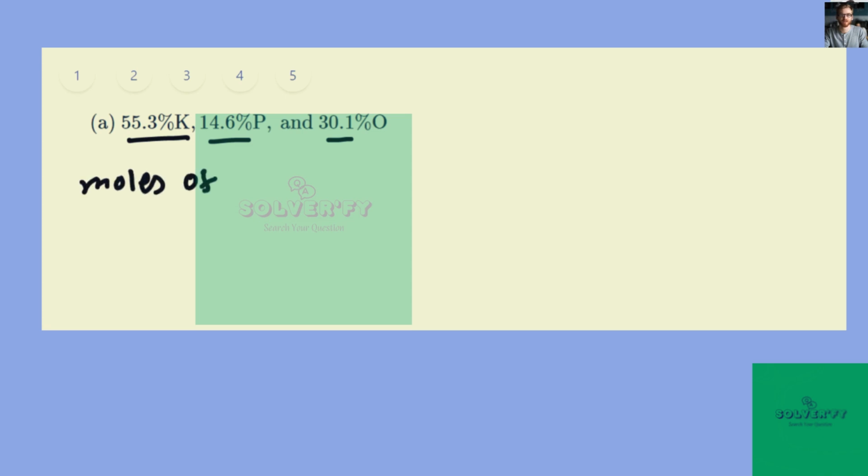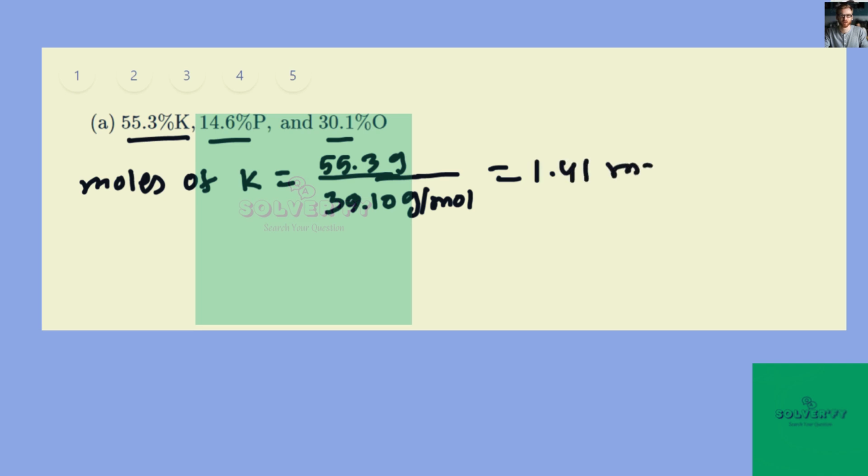So moles of K, or potassium, will be equal to 55.3 gram over the molar mass of potassium, which is 39.10 gram per mole, and this will give us a value of 1.41 mole.